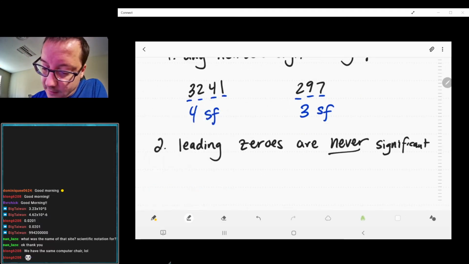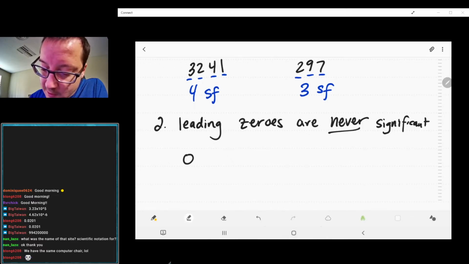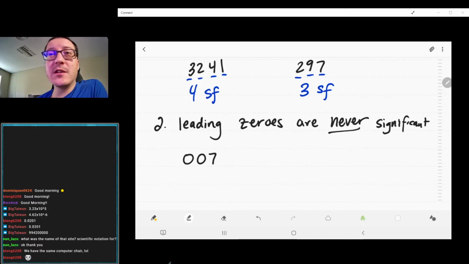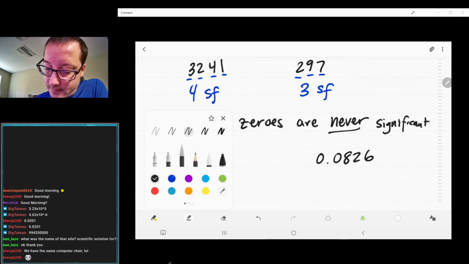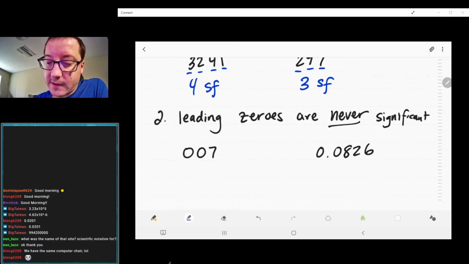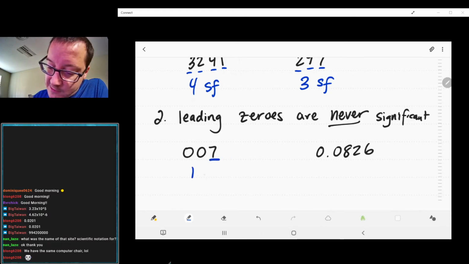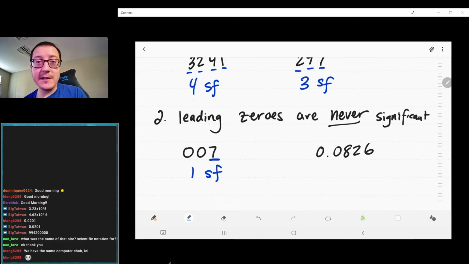So if we take James Bond's number, 007, we would see that this number on the left just has 1 significant figure. The zeros that are in the front of a number, which we call leading zeros, are never significant.